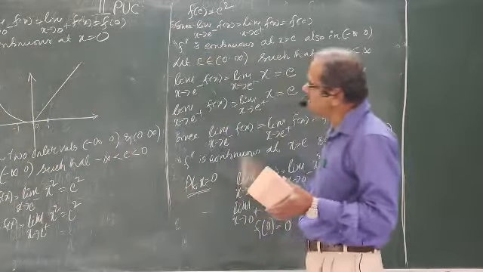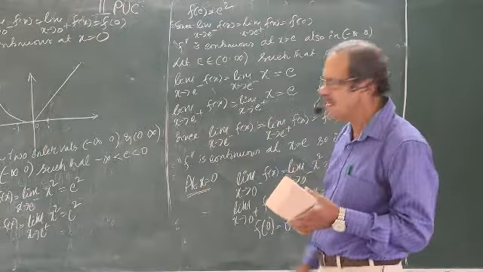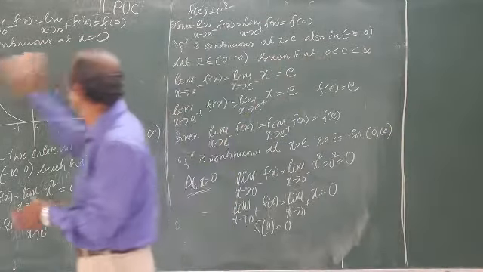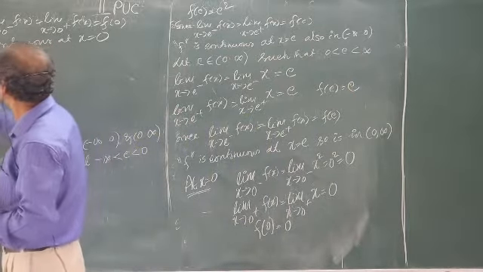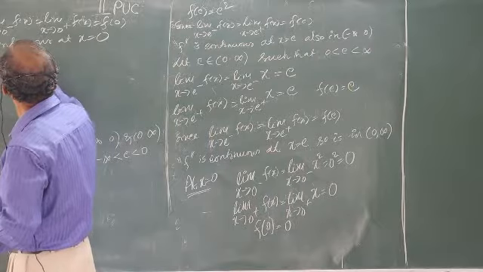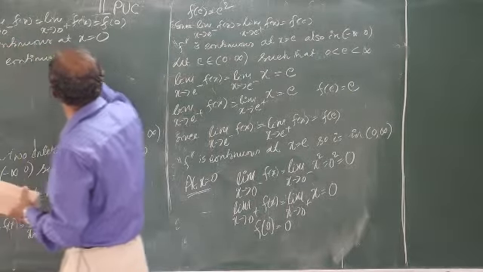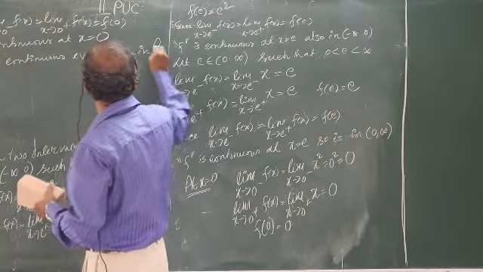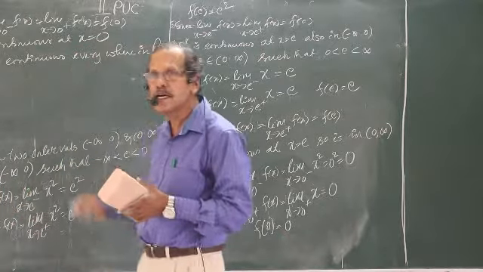That means it is continuous everywhere. In the entire real number system, it is continuous. So let me write that. Final conclusion is, therefore, f is continuous everywhere in the real number system R.